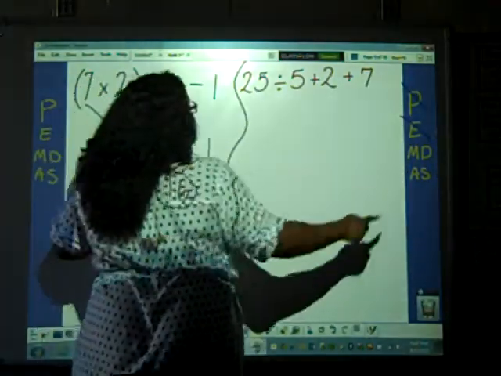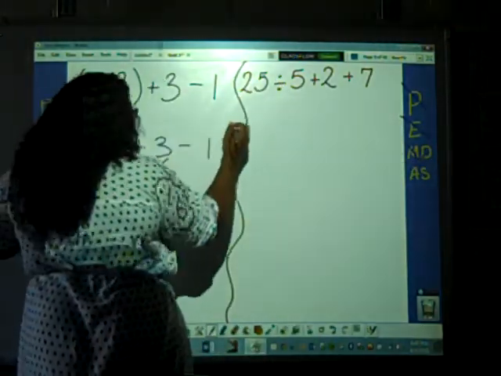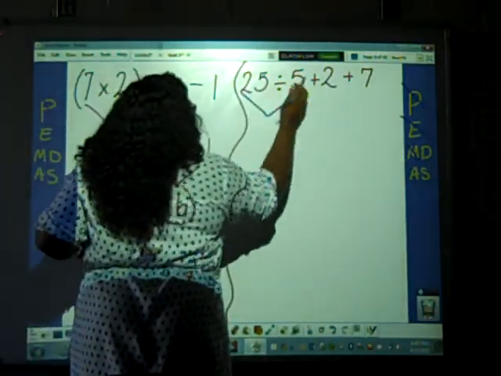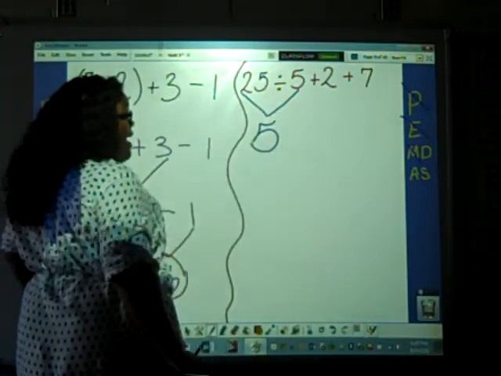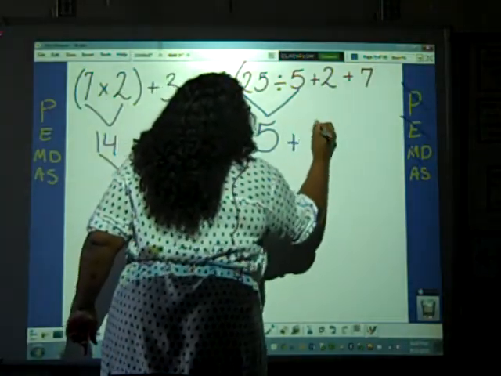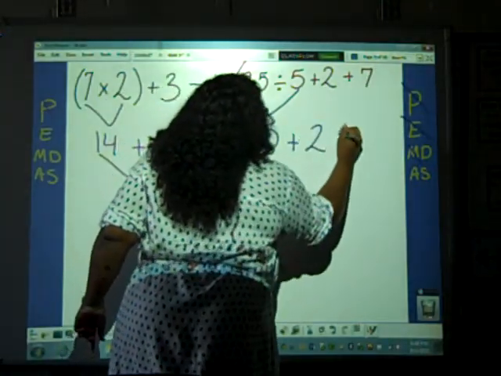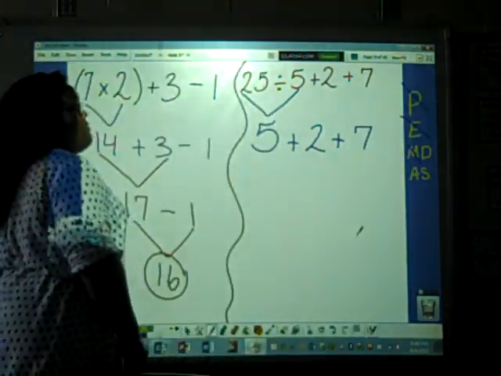No. Do you see any division? Yes. 25 divided by 5 is 5, of course. Bring down my plus, bring down my 2, bring down my plus, bring down that 7.